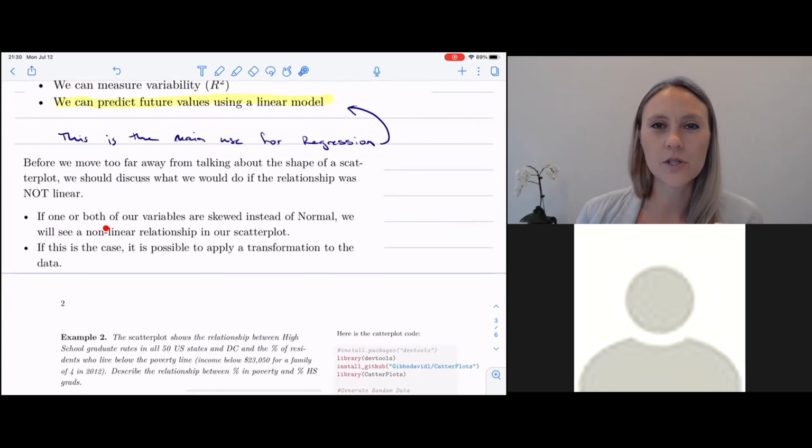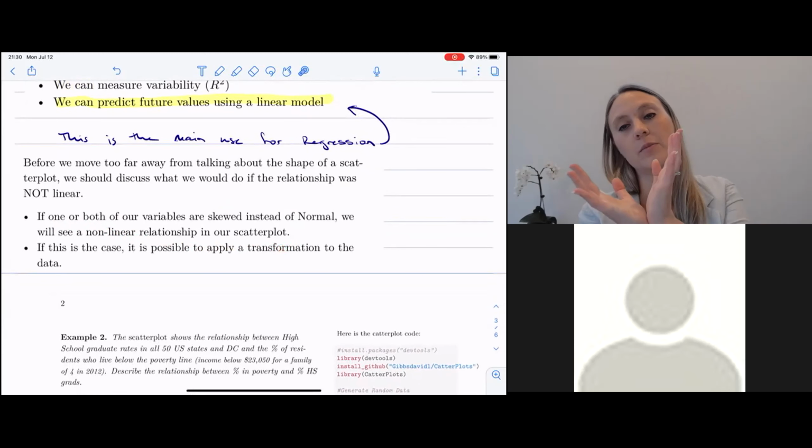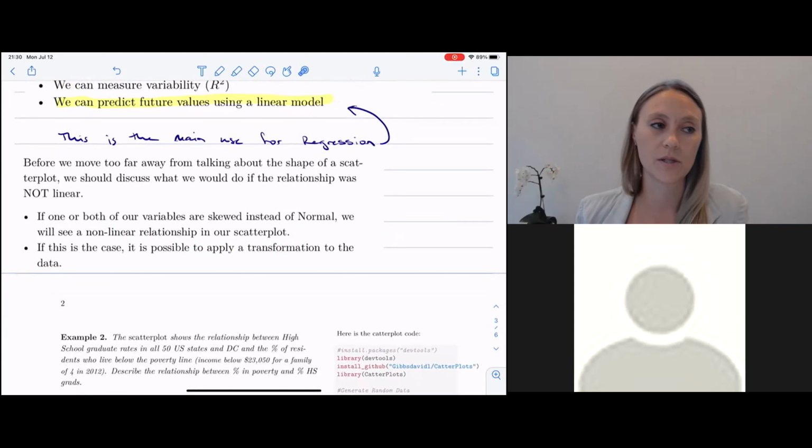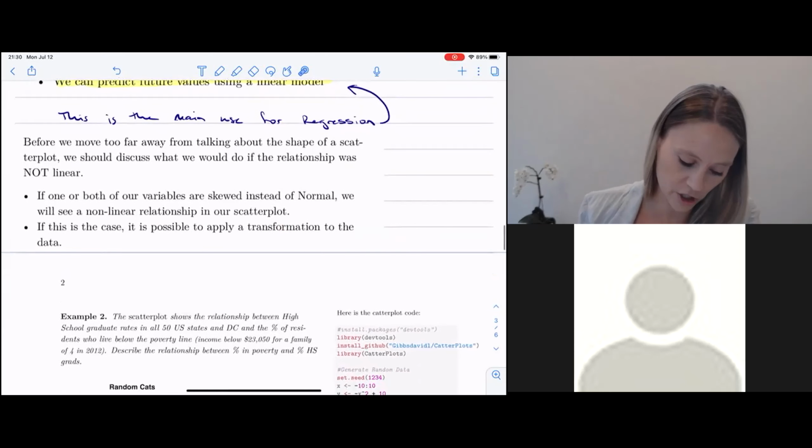you could look closer at each of your variables. You can make a histogram of your variables individually, and if one or both of them are skewed instead of normal, we're going to see a nonlinear relationship in the scatter plot. We need both our variables to have a normal distribution individually in order to get that linear relationship.